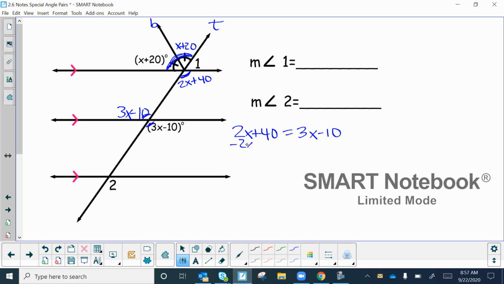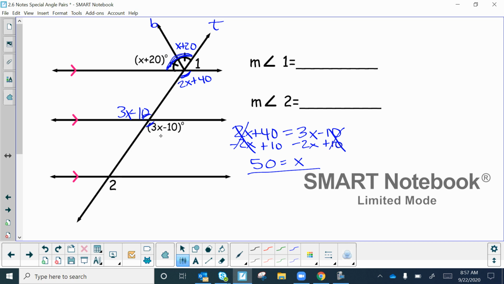So I'm going to minus 2x from both sides. I'm going to add 10 to both sides. So then I get 50 equals x. Okay, so x equals 50. So now I want to plug that in to try to get the measure of each angle 1 and angle 2.